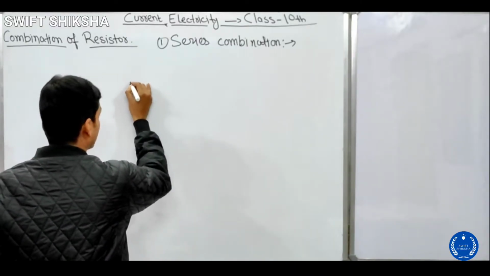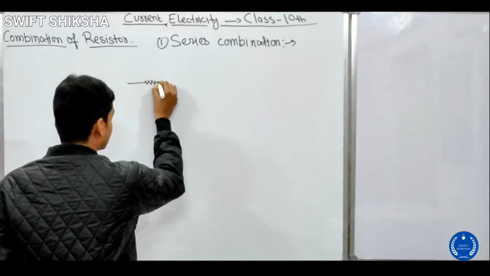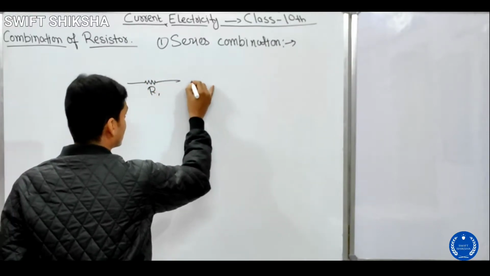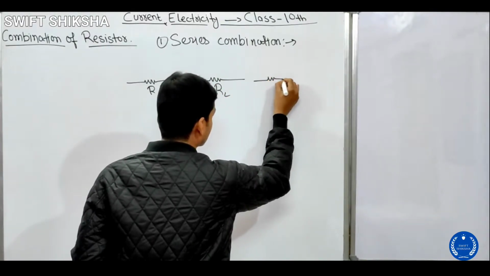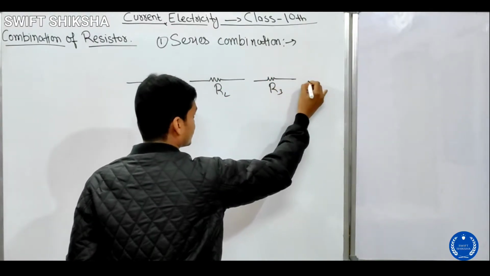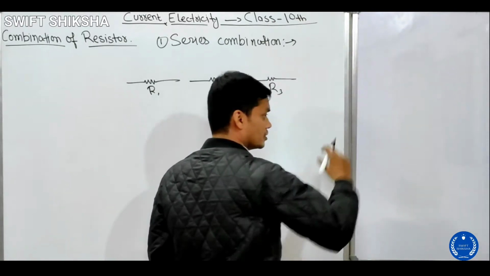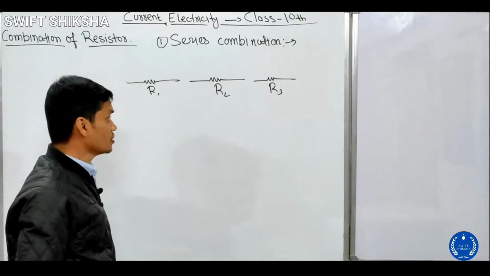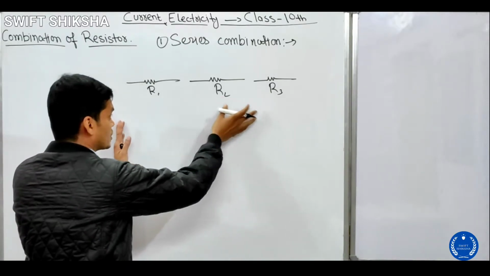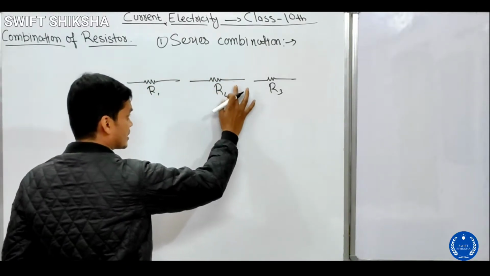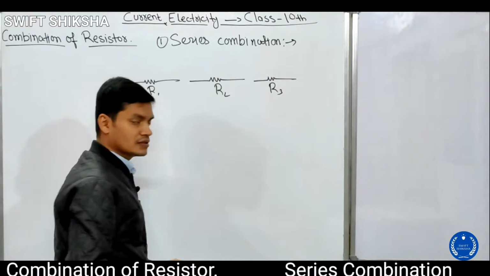I explain here. You consider three different resistors R1, R2, R3, as shown. You put only three here. Now all resistors have two ends, first end and second end.